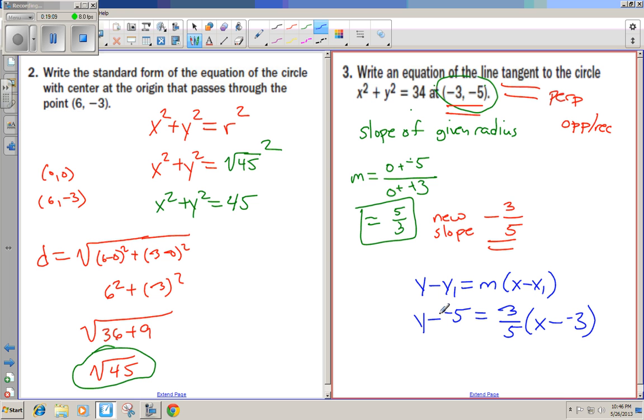So let's fix some of these negatives. Minus a minus, minus a minus. So you've got y plus 5 equals, oh, that's negative here, right? Negative 3/5 x minus 9/5.